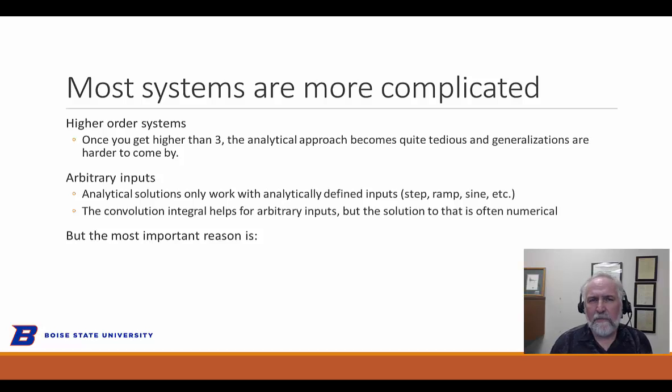Those are pretty easy, but the world is full of all sorts of other inputs. So if we need to see the response to an arbitrary set of inputs, analytical methods can be difficult as well. There is this wonderful tool called the convolution integral, but for anything but the most simple ones, it often is solved numerically anyway. So again, the computer simulation approach suggests a good approach.